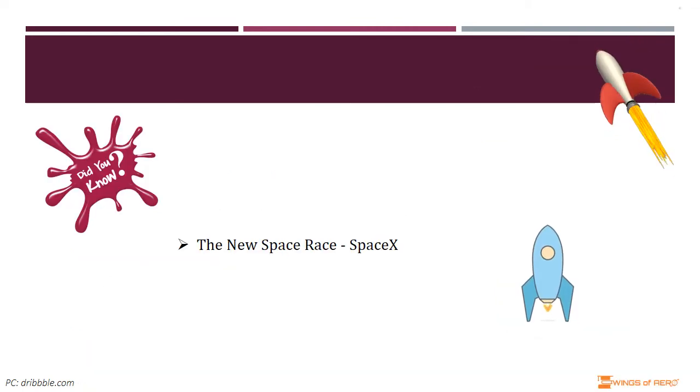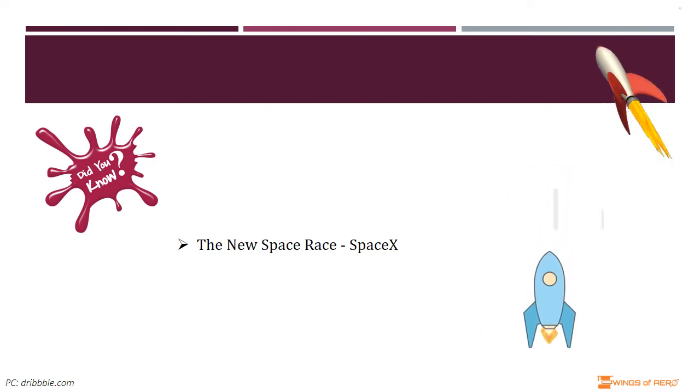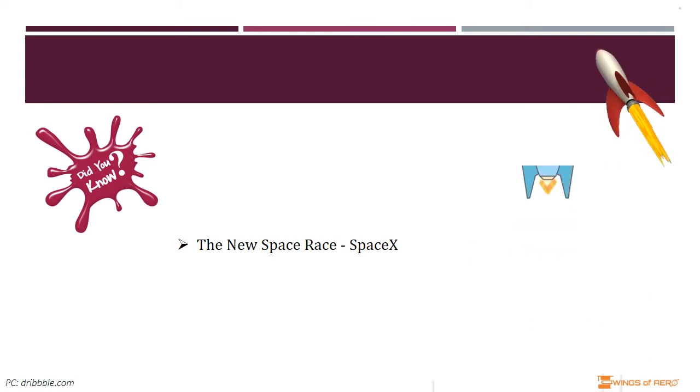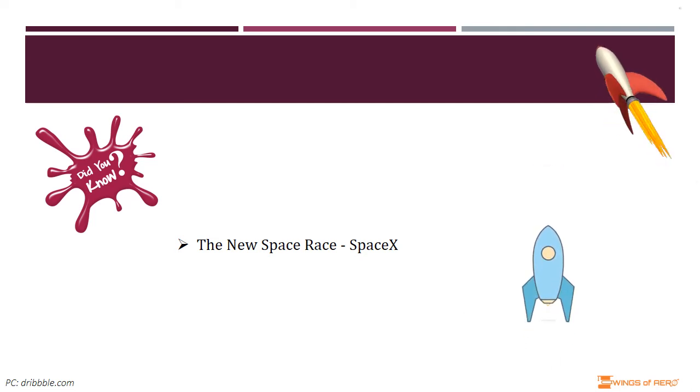Did you know the new space race? In 2010, SpaceX became the first company to launch a privately built spacecraft into orbit and return it safely to Earth. The company is now aiming to become the first to dock a commercial space capsule to the International Space Station. Still, Musk has even loftier goals: to be the first entrepreneur to put an astronaut in orbit.